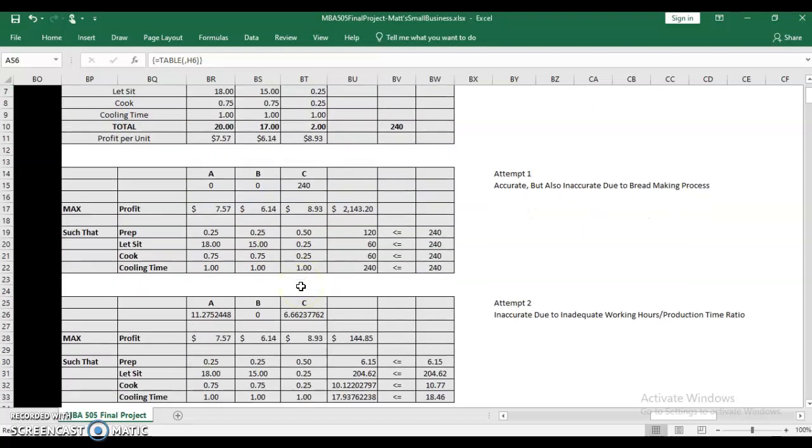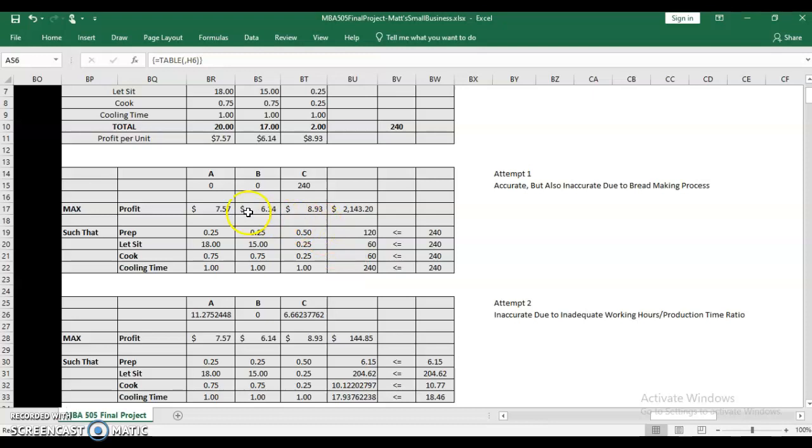So in my first Excel Solver run I put 240 in for each, like I said in my report: 240 hours per prep, per let sit, per cook, per cooling time. It maximized my profit at 143,020 by producing 240 units of pita bread.